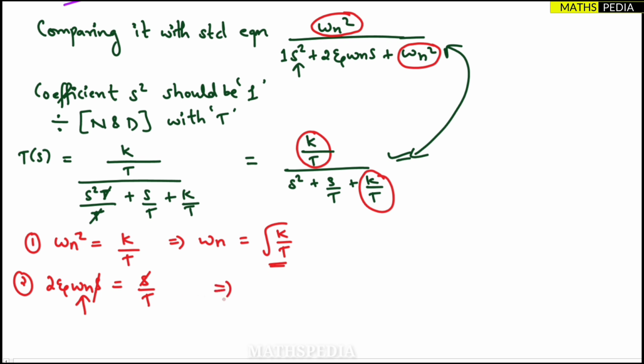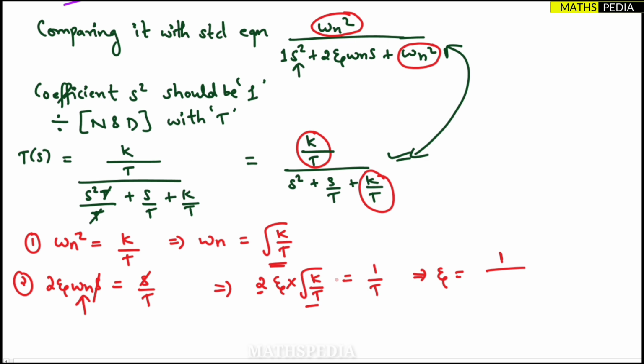You can substitute. So 2 zeta into root of k by t is equal to 1 by t, right? So from this, can I get the zeta value? Zeta is equal to, now everything will be shifted, so you have to shift 2 and root k by t also. It will be 1 by this.